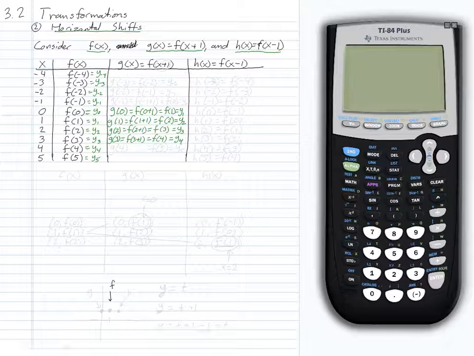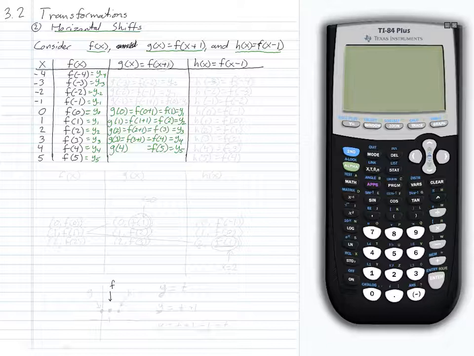And we can continue in this fashion. You'll start to see the pattern. If we plug in 4, what is that actually? Well, we always add 1. So g of 4 is really the same thing as f of 5, in other words, the y-coordinate when we plug 5 into the function f.